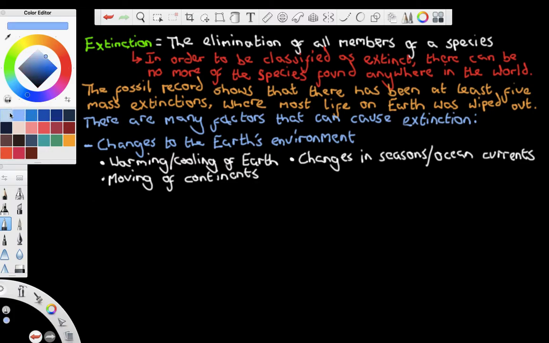Another way that organisms can become extinct is through natural disasters. Now, what we mean by natural disasters are such as asteroids hitting the Earth, which is a theory as to how the dinosaurs went extinct, or it can include things like volcanic eruptions.